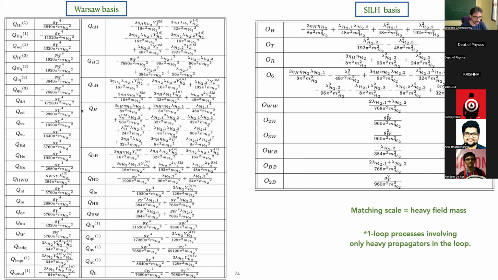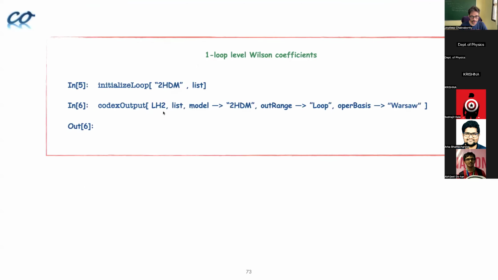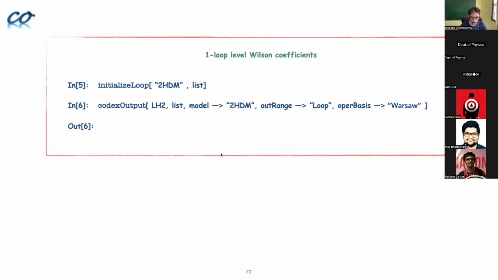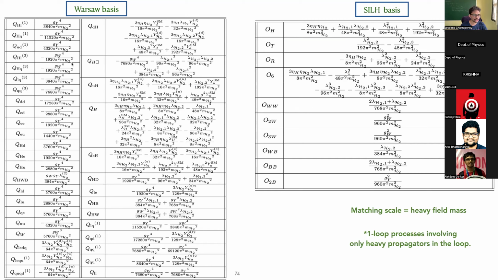Now you can see initially we have only these many operators at the tree level, and once you allow loops to be generated, we get more. Some of the operators are common to both. For example, the phi-6 operator is generated at tree level and also at one-loop level.